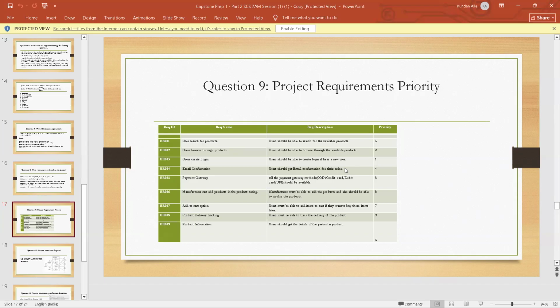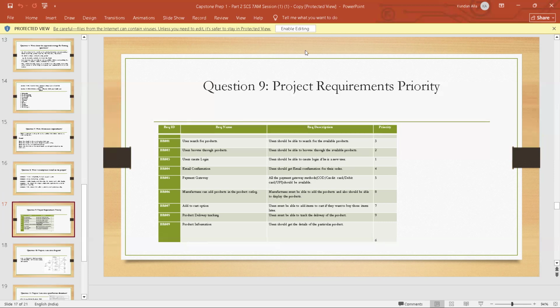You may have hundreds of requirements, but if you don't know what important feature to build first or focus on, it will be clumsy, right? For that purpose, we give these priority numbers. Based on these priority numbers, we will build the features wisely, one by one.